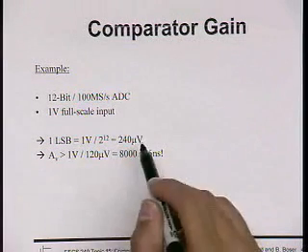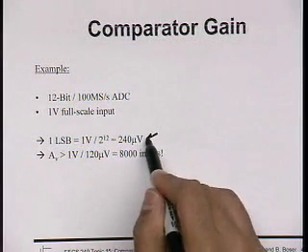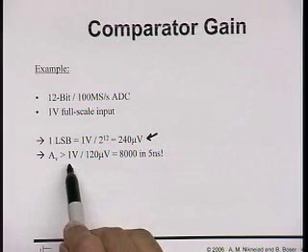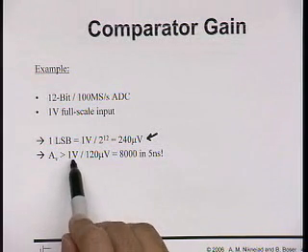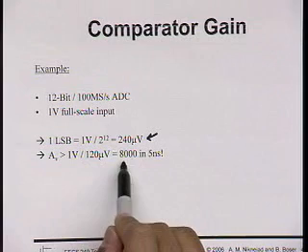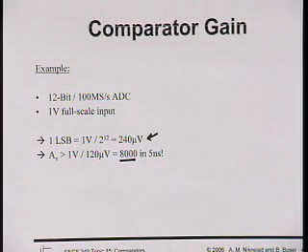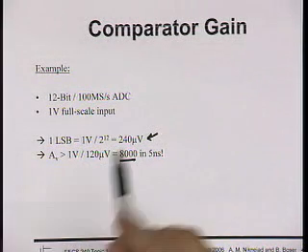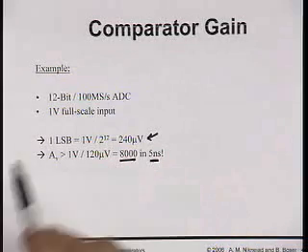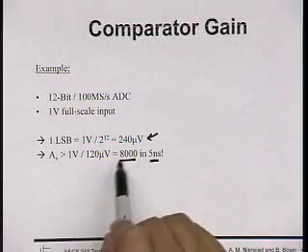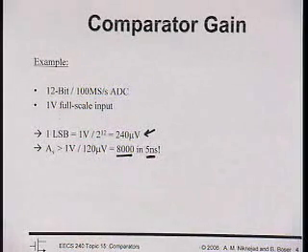Well, your LSB size is 240 microvolts, and the voltage gain that you would need is 1 divided by half your LSB, so about 8,000. So you need lots of gain, and because you're sampling at 100 megahertz, you have to make your decision in 5 nanoseconds. So it's not a trivial design.